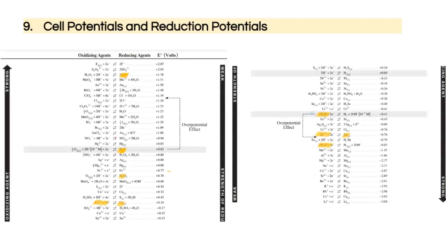I've switched over to my redox chart and I've highlighted all the species that are involved. I'm noticing that my Cu2+ is the strongest oxidizing agent, so it's my SOA. Then I'm going to look on my reducing agent side, and remember that on the reducing agent side, we're looking for the lowest species, and I'm seeing that that happens to be zinc.